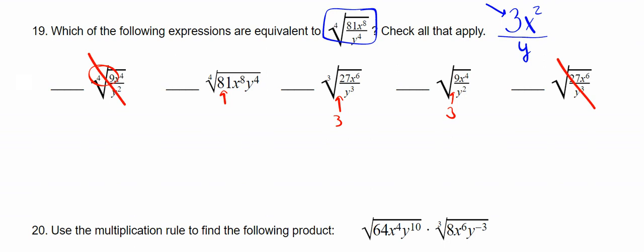So now let's look at the x's. It's not going to be very helpful, but we can look. In this first one, I have x to the 8th being raised to the 1/4. We did that earlier, the fourth root of x to the 8th, and you get x squared. So that one could still be it as far as the x's are concerned. Here we have an x to the 6th being raised to the 1/3 power.